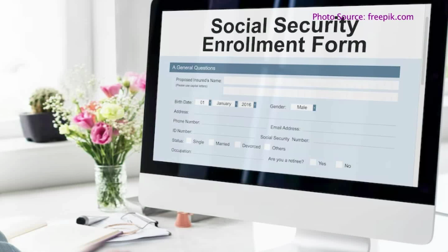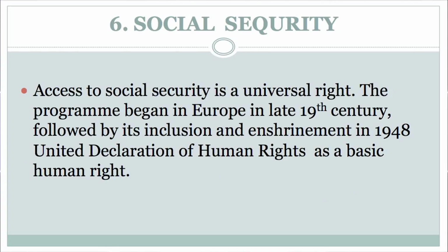Access to social security is a universal right. The program began in Europe in the late 19th century, followed by its inclusion and enshrinement in the 1948 Universal Declaration of Human Rights as a basic human right.